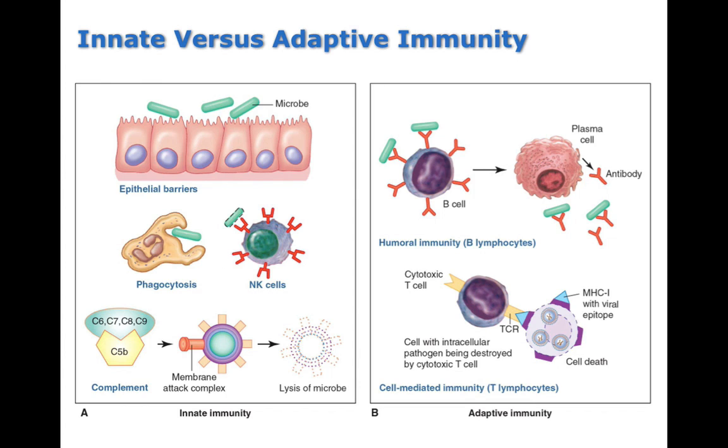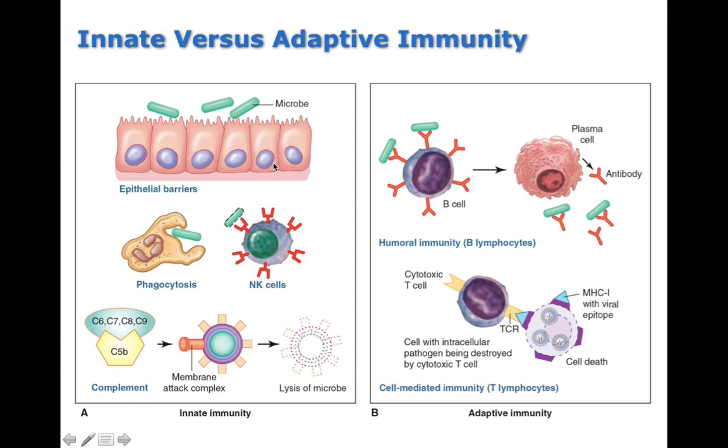So the innate immune system doesn't discriminate against different types of microbes. Rather, it's going to discriminate against all microbes as a whole and prevent the infection of foreign microorganisms. Some of the aspects of the innate immune response would include things like your epithelial barriers.